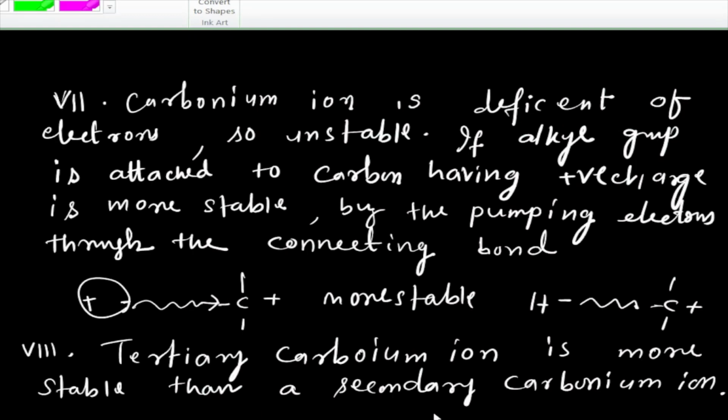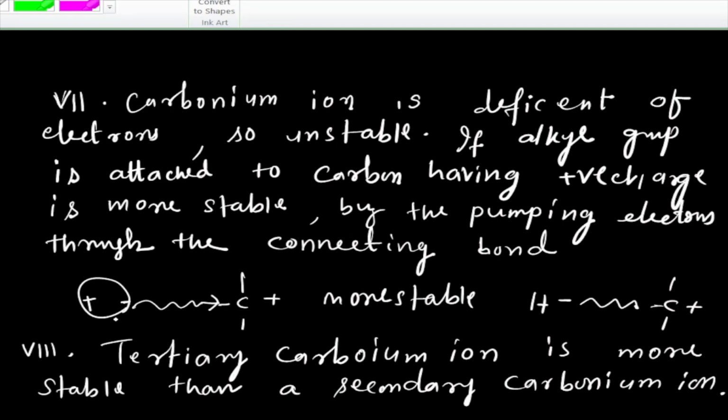So here you can say carbonium ions are very active. Since the carbonium ion is deficient of electrons, because there are 6 electrons, it is so unstable. If an alkyl group is attached to the carbon having positive charge, it is more stable. That means the alkyl group is pumping electrons, donating electrons through the bond.